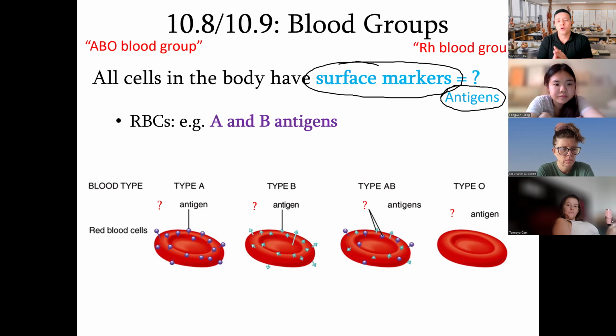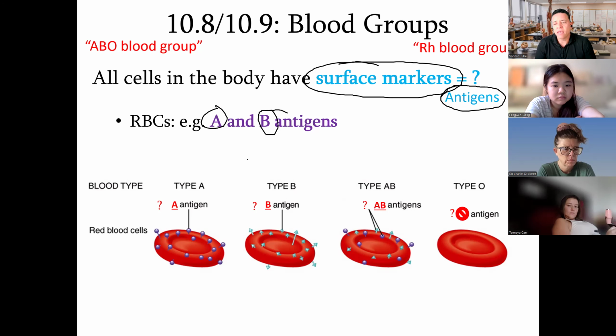The ABO blood group type is determined by the presence or absence of the A and B antigens on the surface of the red blood cell. If an individual has the A antigen, they're going to be blood type A. If an individual has the B antigen, they're going to be blood type B. If they have both A and B antigens, they're going to be type AB.